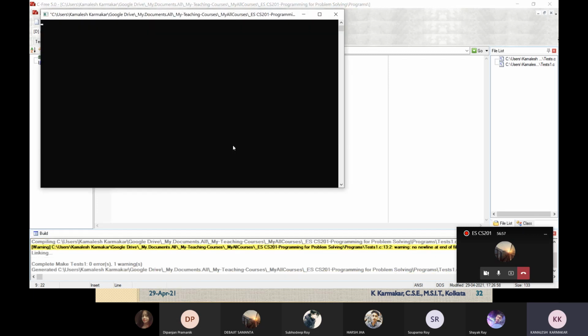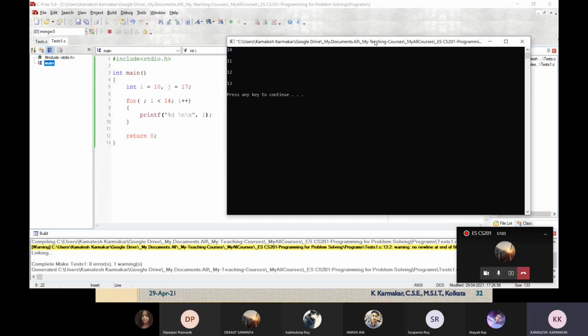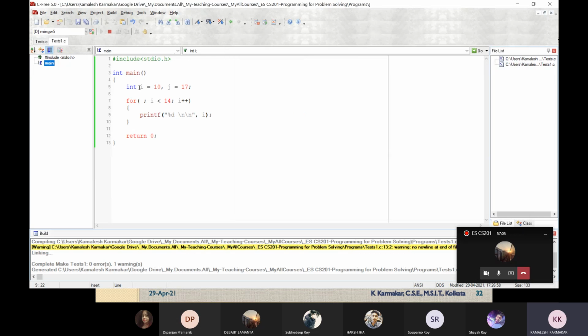So here the values will be 10, 11, 12, 13. Though I have not mentioned initialization, the initialization part of this for loop is blank, but the current value of i is 10. We have initialized it earlier.